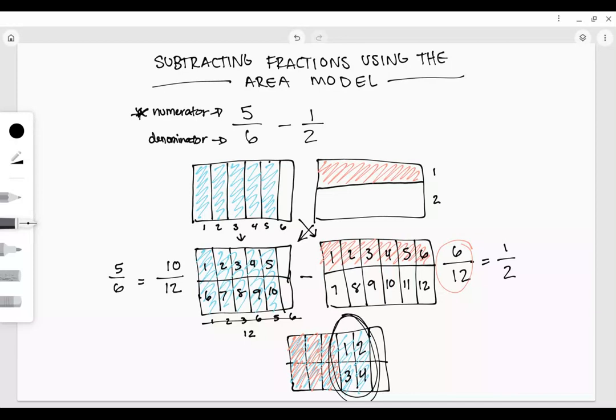And so that tells us we have 4 out of, and if we count them all together, we have 1, 2, 3, 4, 5, 6, 7, 8, 9, 10, 11, 12. 4/12. So this tells us that 5/6 minus 1/2 is equal to 4/12. And that's our final answer.